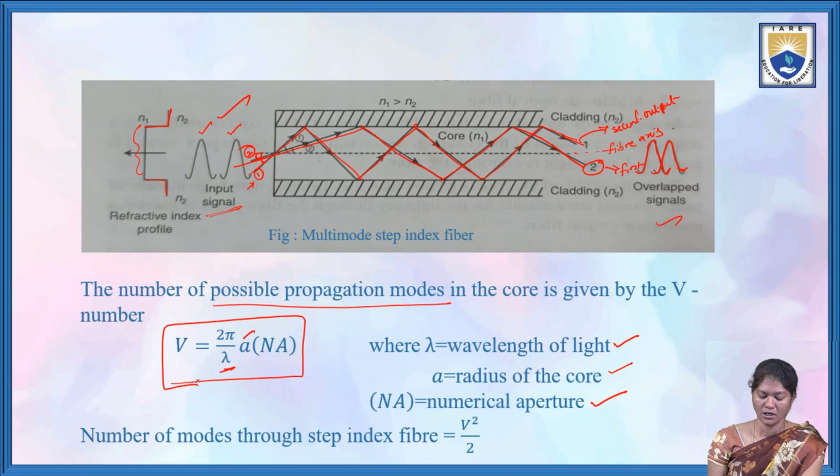The number of modes in the step index optical fiber is equal to V square by 2.